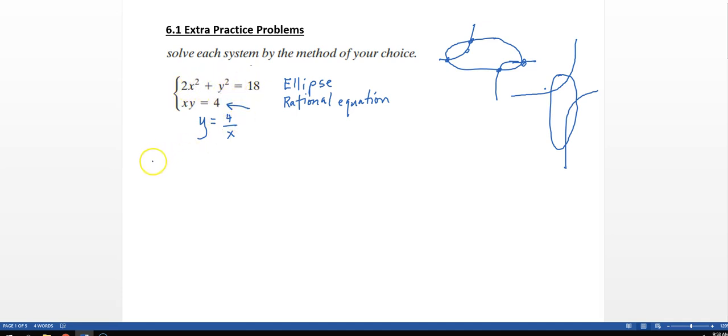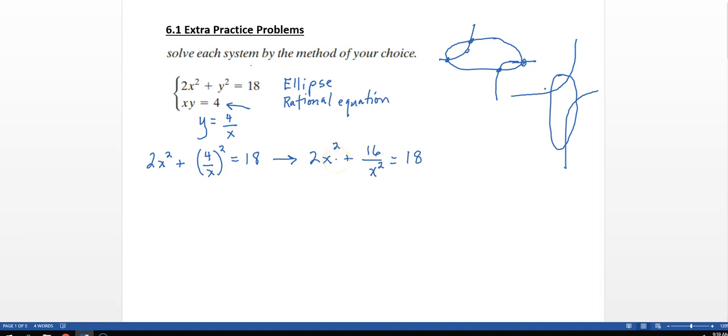So I get 2x squared plus 4 over x squared is equal to 18. And then simplifying that, I get 2x squared plus 16 over x squared is equal to 18.